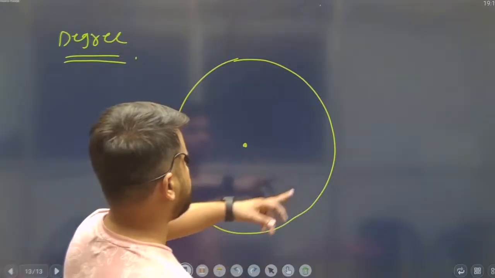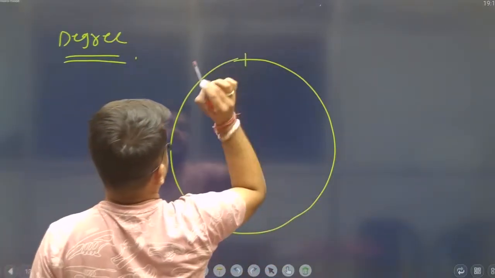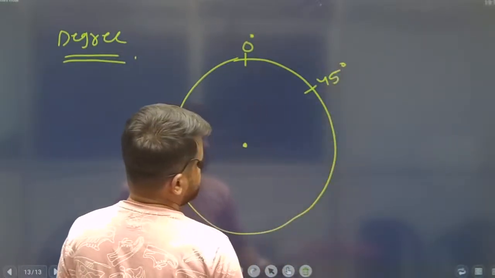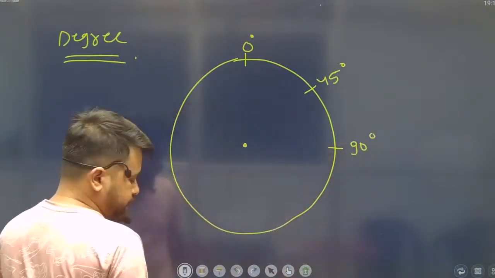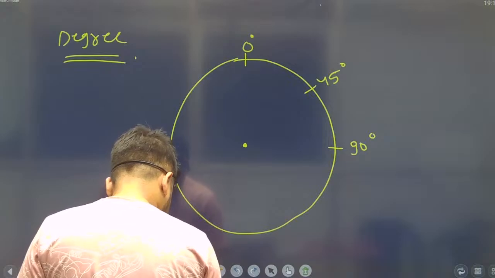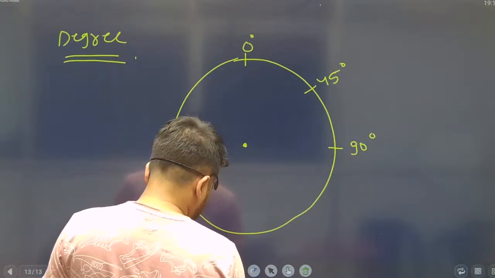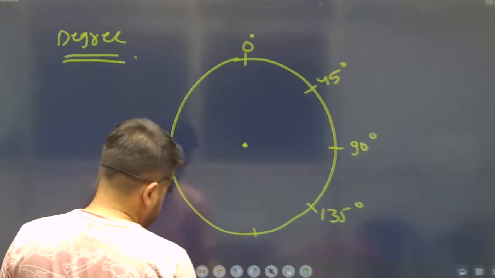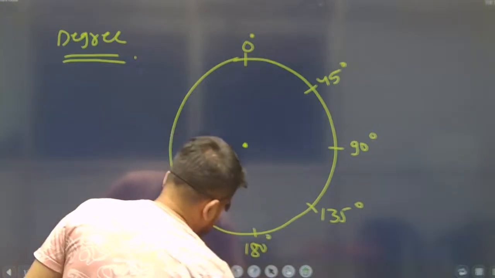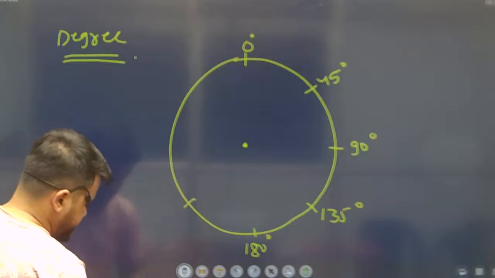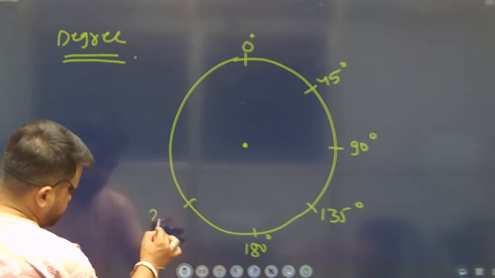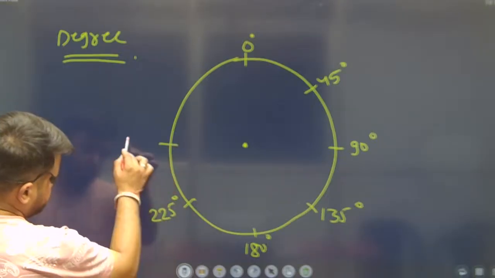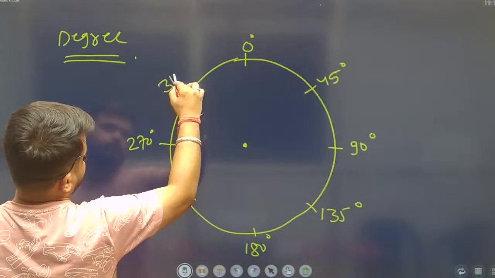As it's a complete 360 degrees, here it is going to be 0 degrees. Here it is going to be 45 degrees. Here it is going to be 90 degrees, and after that it is going to be 135 degrees. Then here it is going to be 180 degrees. After 180 degrees, it is going to be 225 degrees, and after 225, it's going to be 270. After 270, it's going to be 315 degrees.